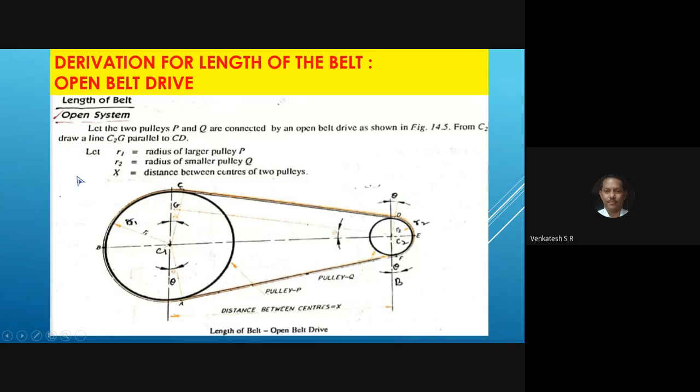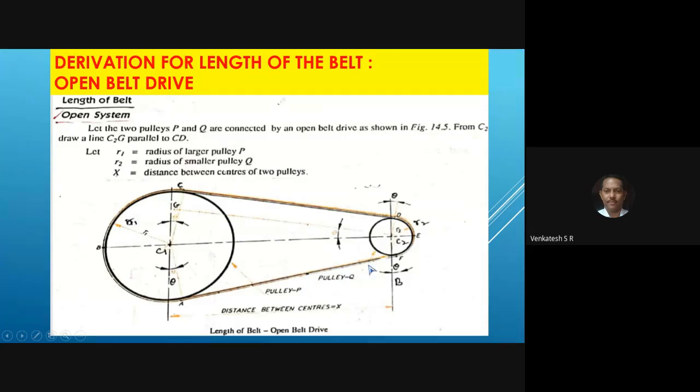For the derivation for velocity ratios, show only diameter D1, speed N1. Here diameter D2, speed N2. Show the arrow mark and write velocity of driving pulley.